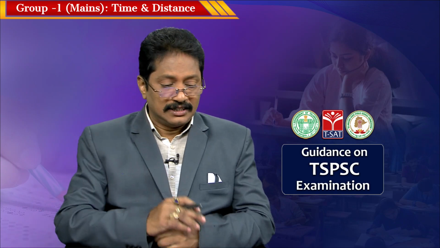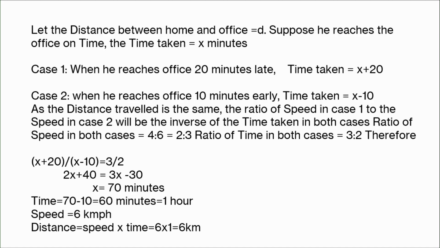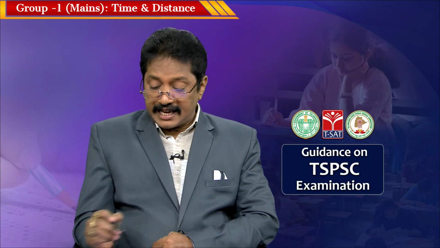Okay, now see the solution here. Actually, the distance between office and his home, say as d. Correct? Suppose he reaches the office on time, then the time taken by him to reach his office in time, say x minutes.